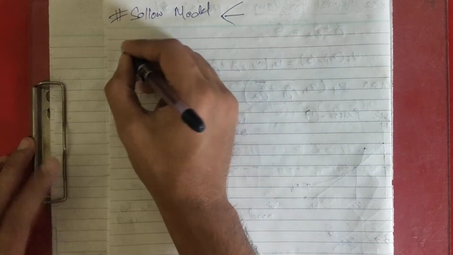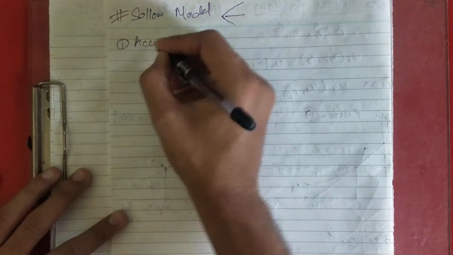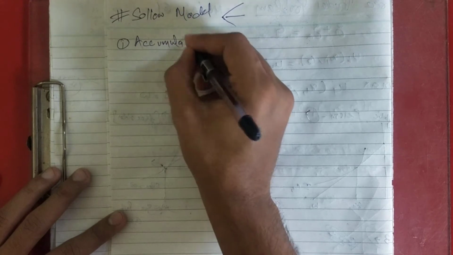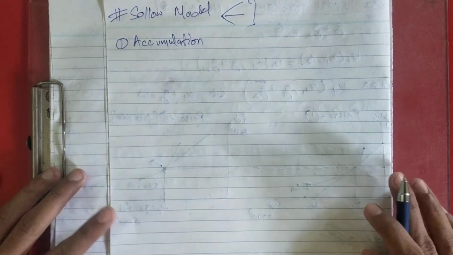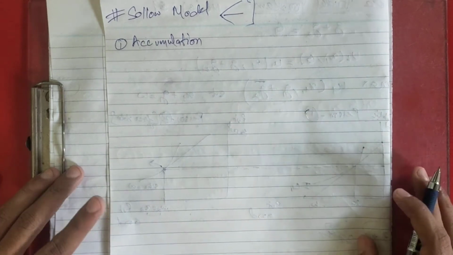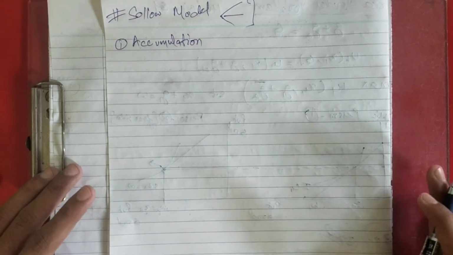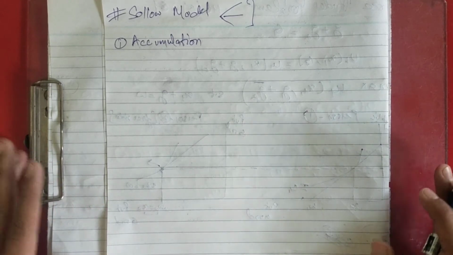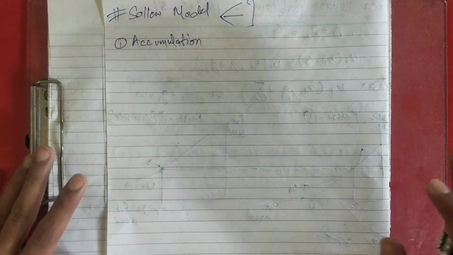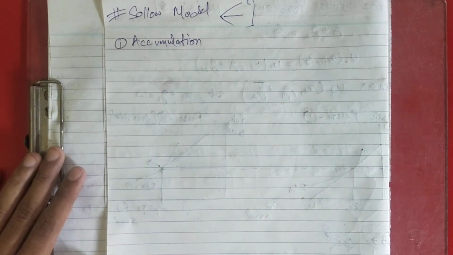First we will take accumulation of capital, one of the three pillars. In the first step we examine how supply and demand of goods determine accumulation of capital, and in this step we will assume that labor force and technology remain fixed.